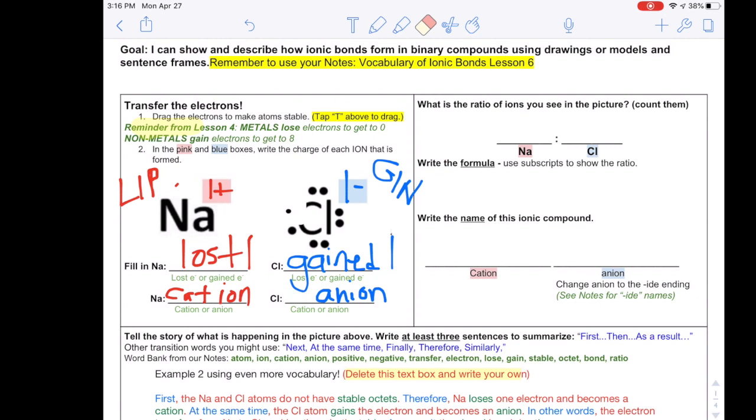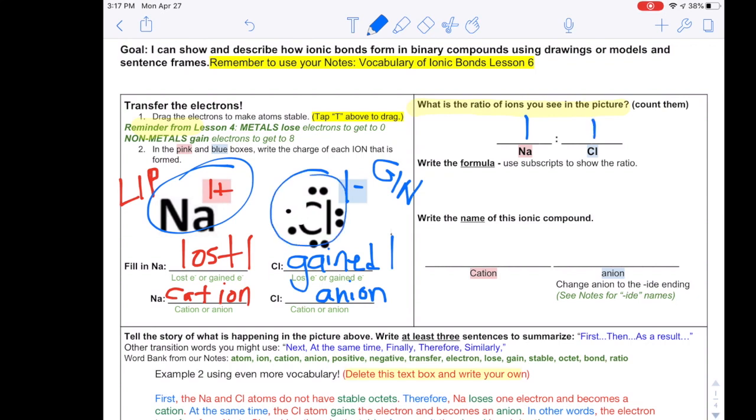All right, now on this side, the right, what is the ratio of ions you see in the picture? A lot of people thought we were asking for how many electrons there are, but the ion is the whole thing now, right? It was called an atom, but now it's called an ion. So I'm counting how many Nas I see, and I only see 1 Na, and how many Cls I see, 1 Cl.